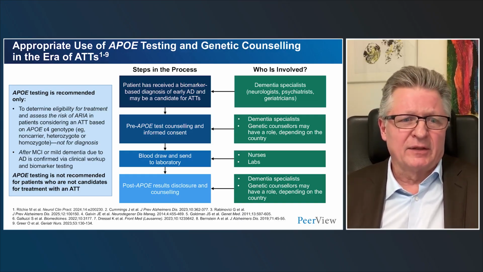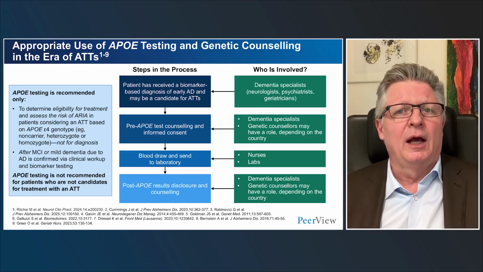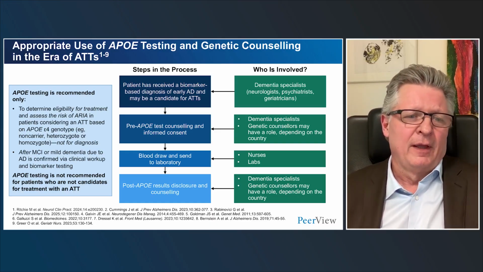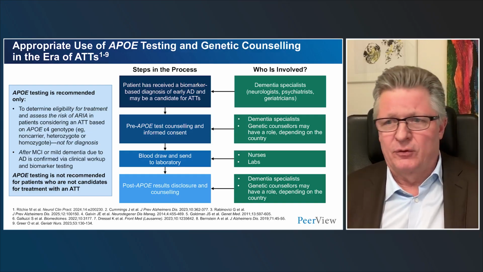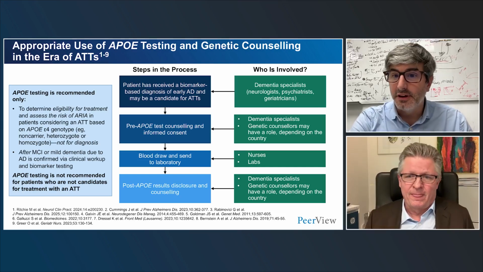So in Germany, I can say that this is usually done by the expert physician. There is usually not a specific genetic counselor involved in this case. What about Barcelona, Juan? How is it done in your hospital? It's a very similar scenario.